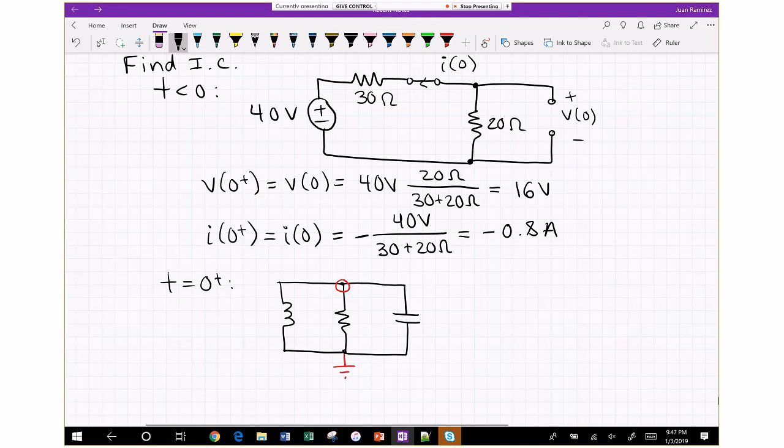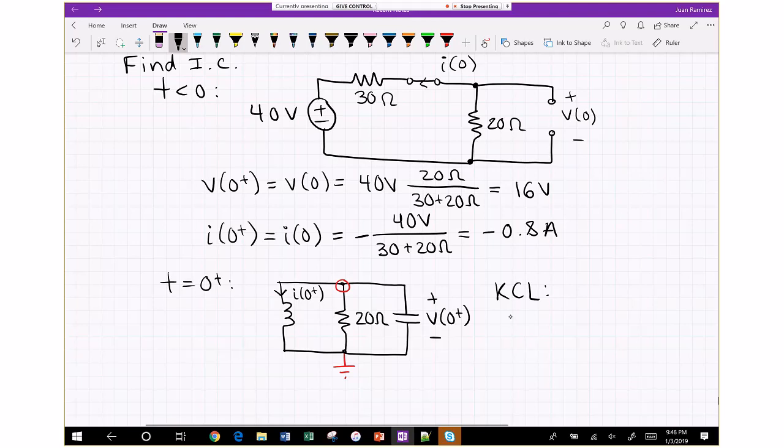For the parallel RLC circuits, when we're looking for the rate of change of capacitor voltage right after the transition, we'll typically do KCL. Okay, so let's do KCL.